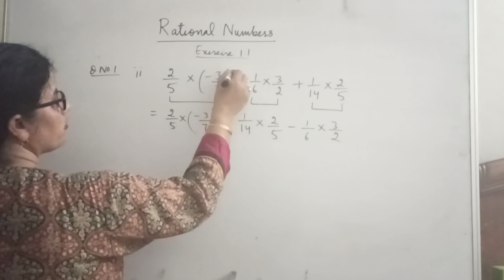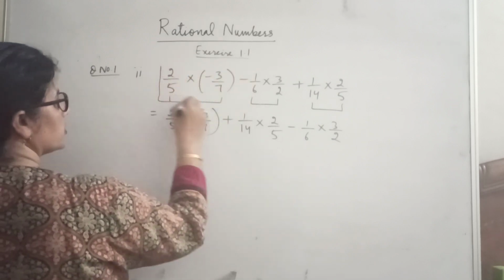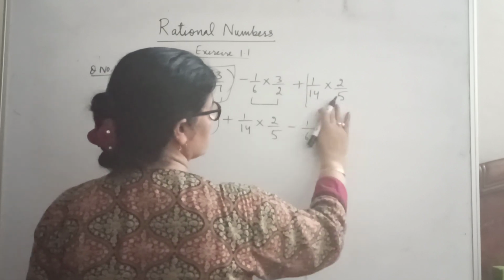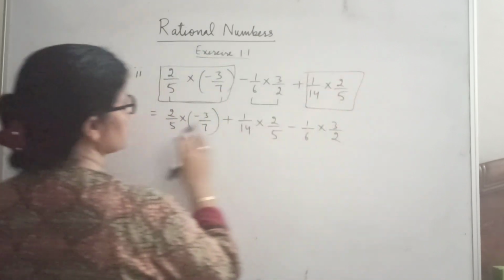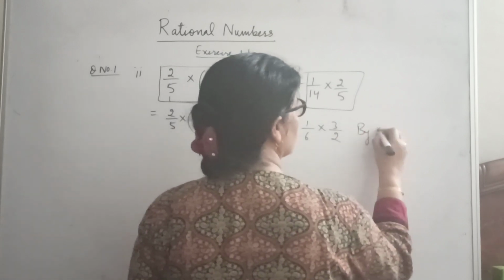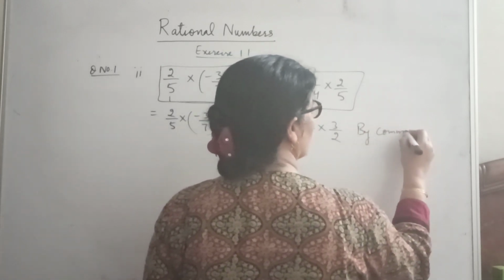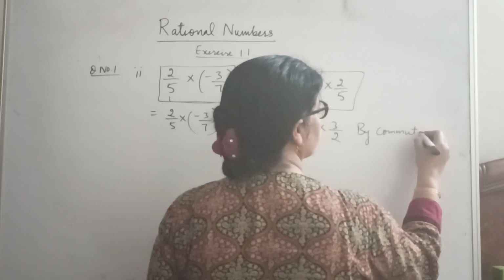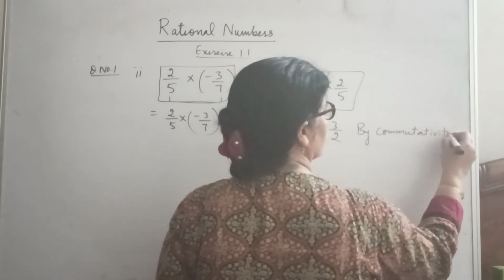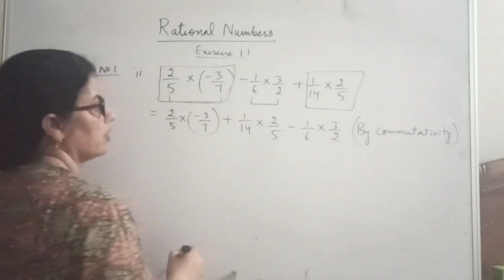See, this is our first term, and then these two terms I have written together. Reason: commutativity, if we change the order of the numbers.